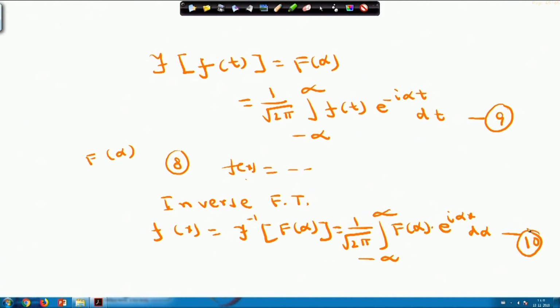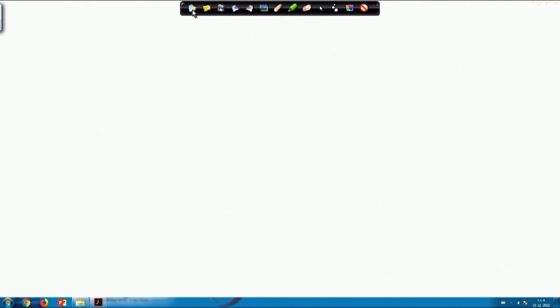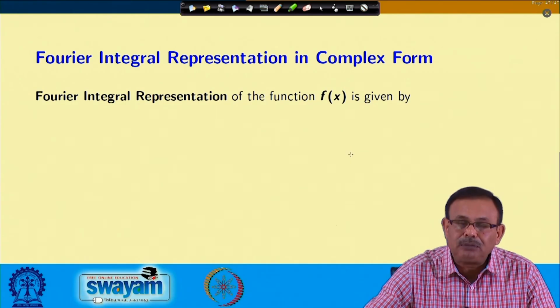Basically, the Fourier transform of f(t) is given by equation 9, and the inverse Fourier transform we can obtain from equation 10. Let us just see quickly here.